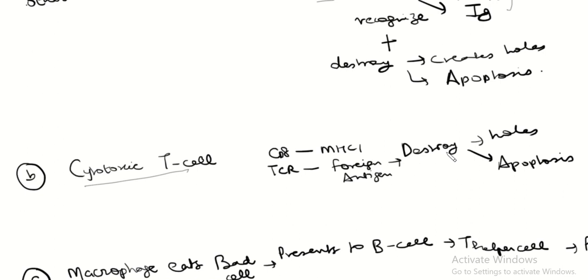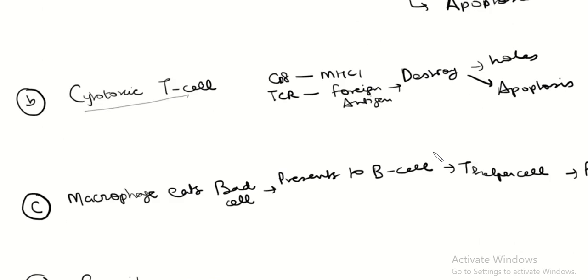Once the TCR, T cell receptor, and the CD8 connect to that bad cell, they destroy it by creating holes in the cell or causing apoptosis.